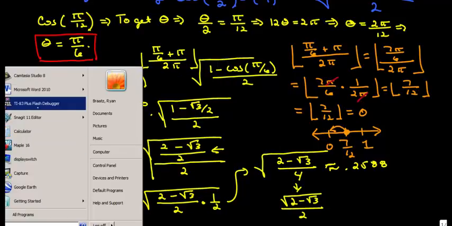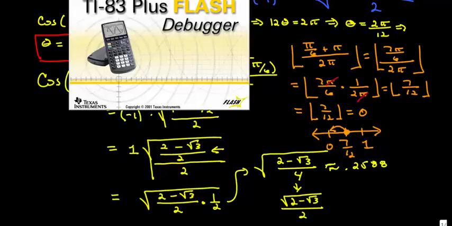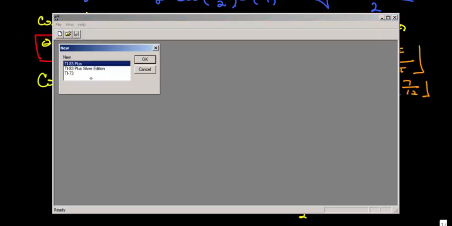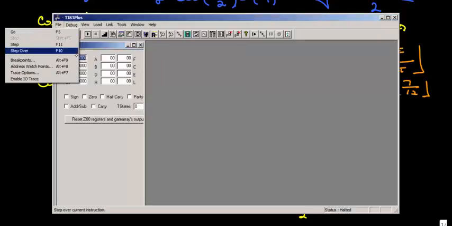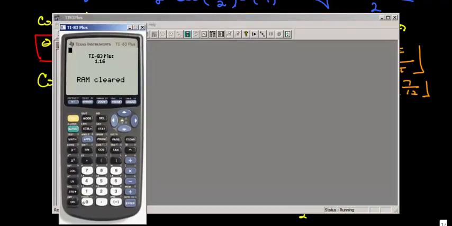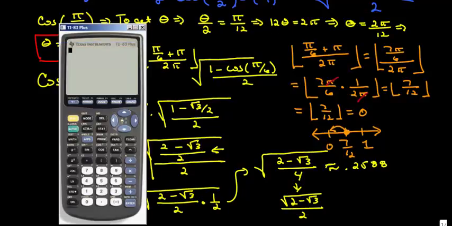Let's go to this kind of calculator. Hopefully it works. We'll see. Okay, so we've got the square root of 2 minus the square root again of 3 divided by 2.